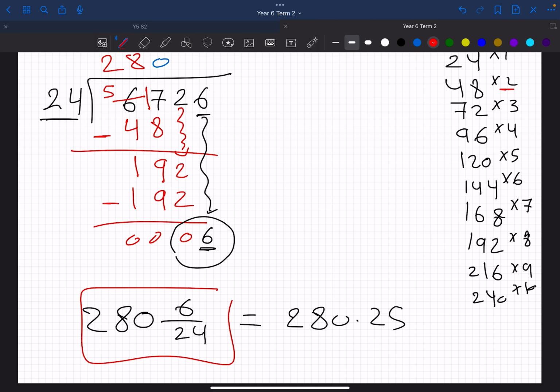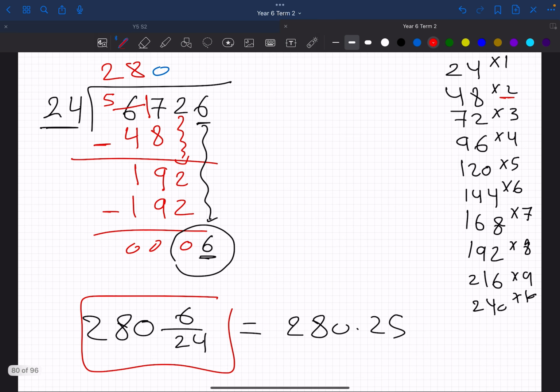Remember, when we cannot subtract this number, I then add 0 up. Clear? I think it's clear. Even imagine if we have here 5. Imagine I put the 6 down after I subtracted this.